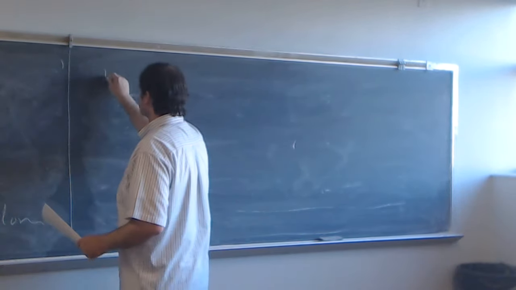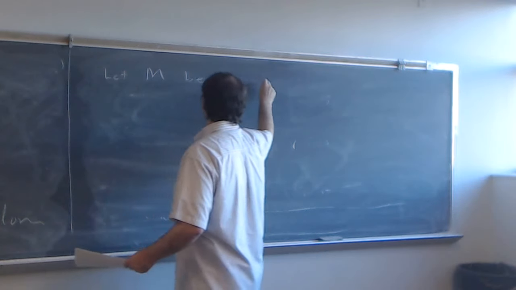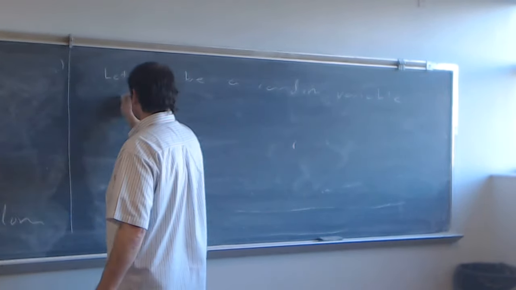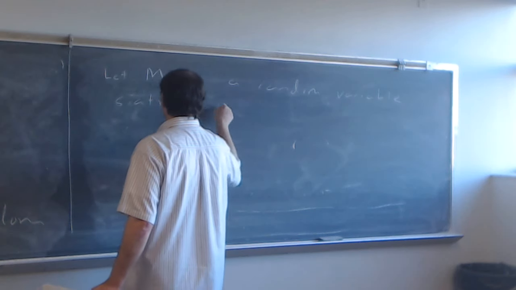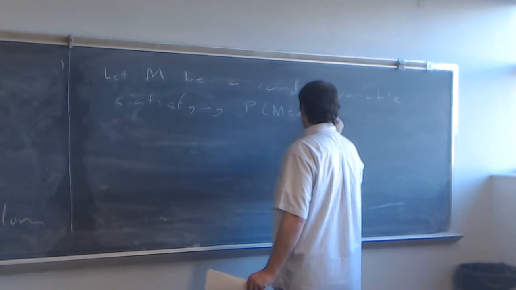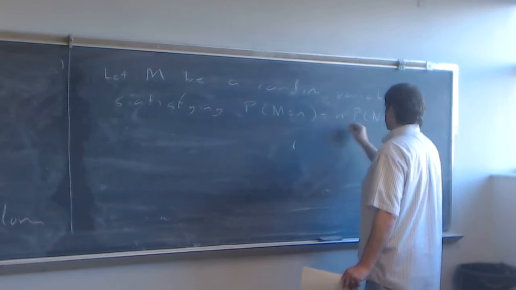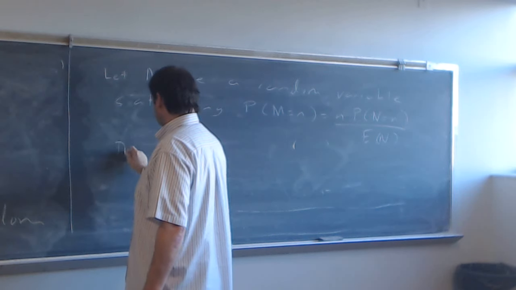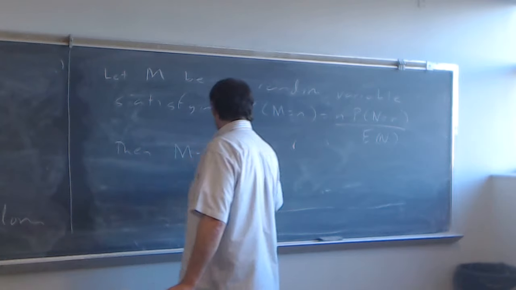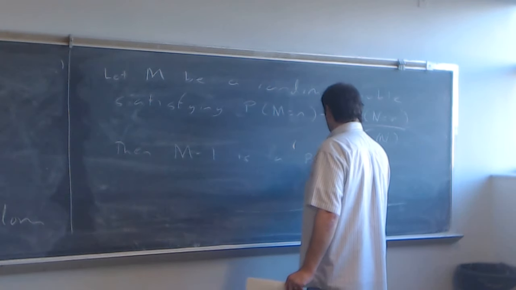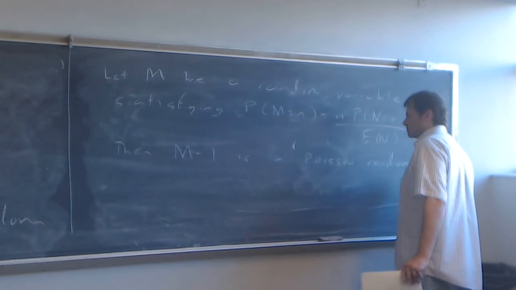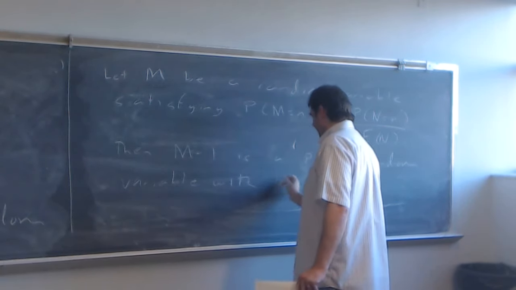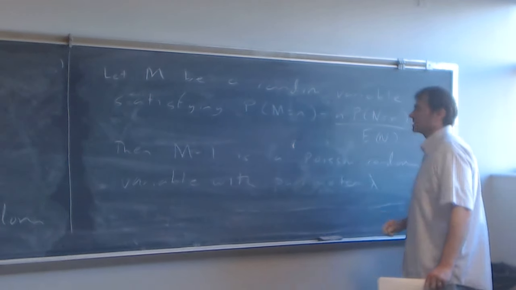We're going to let m be a random variable satisfying the probability that m is equal to n is equal to n times the probability that N equals n over the expected value of N. Then m minus 1 is a Poisson random variable with parameter lambda. Let's prove this.